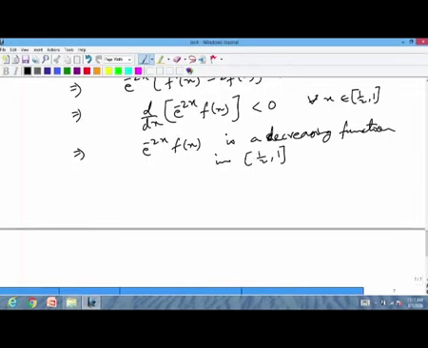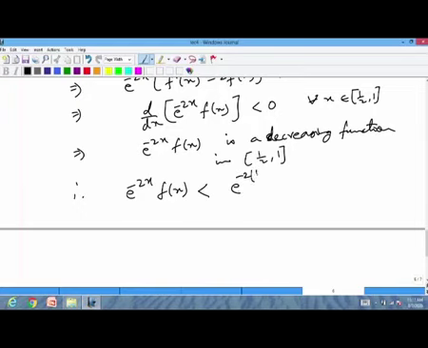So, therefore, e to the minus 2x f x will be strictly less than e to the power minus 2 times half times f at half, for all x greater than half.